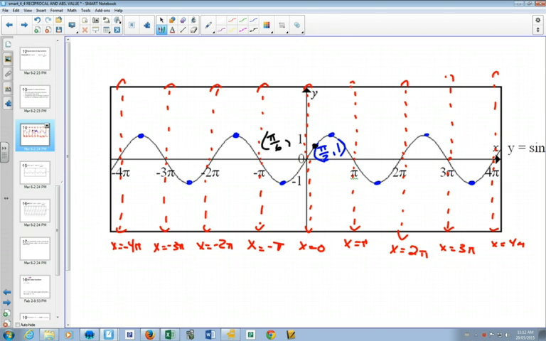Pi over 6. What happens when you plug in pi over 6 for sine? Sine of pi over 6? 1/2. So that's a point on my original graph. What's going to happen when I do the reciprocal for that? I'm going to get pi over 6, comma, and if I flip 1/2, I get 2 over 1, or just 2.